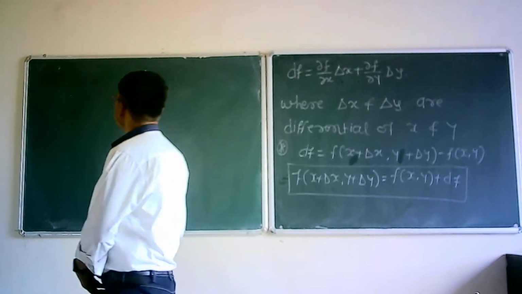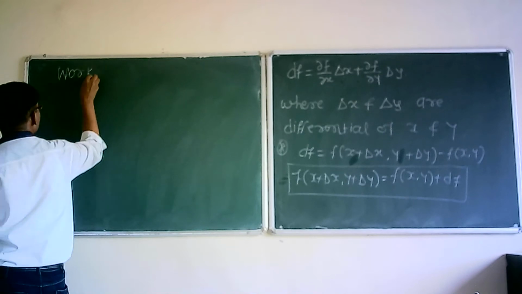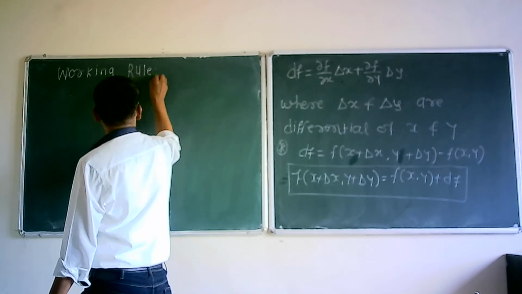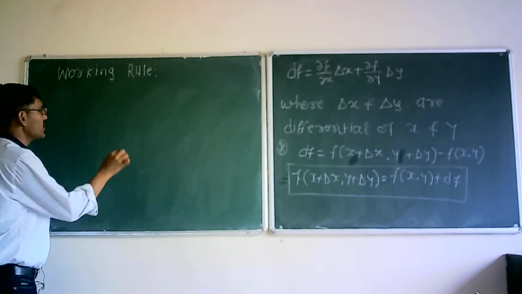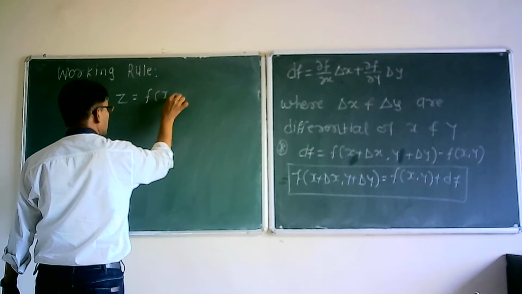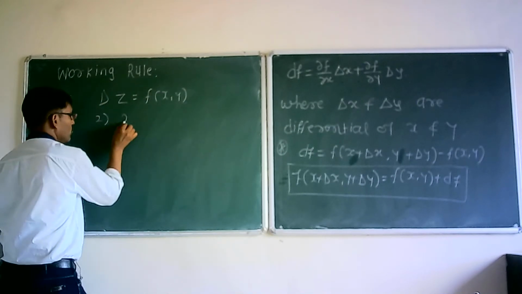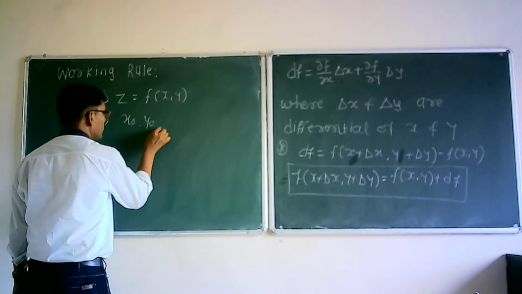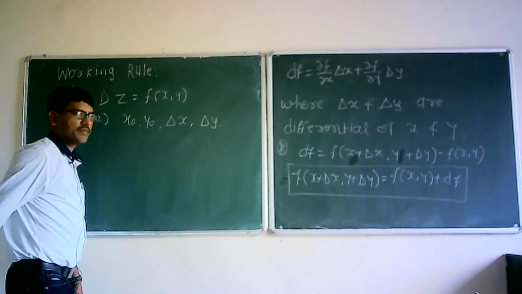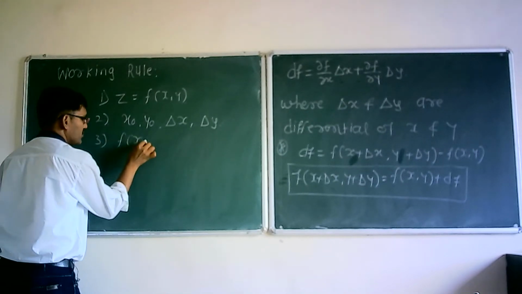The working rule is: first of all, identify your function z is equal to f of x, y. Then next, identify x0, y0, delta x, delta y. Then number 3, find f of x0, y0.